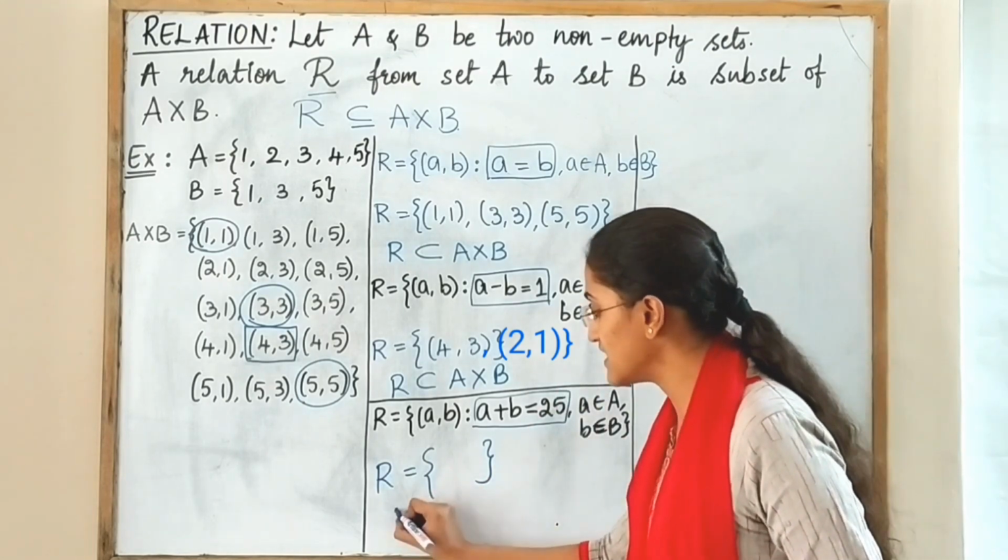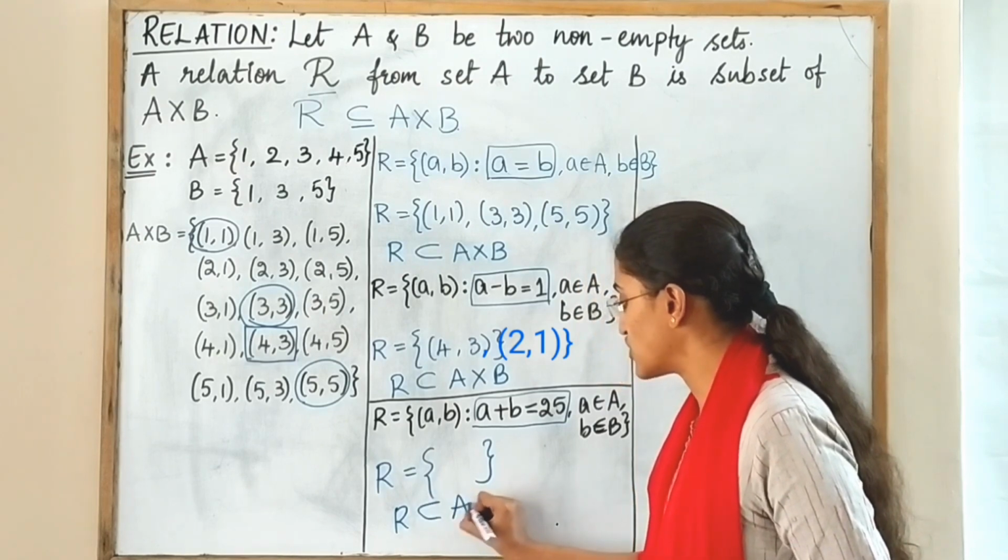You can again clearly tell that R is a subset of A cross B.